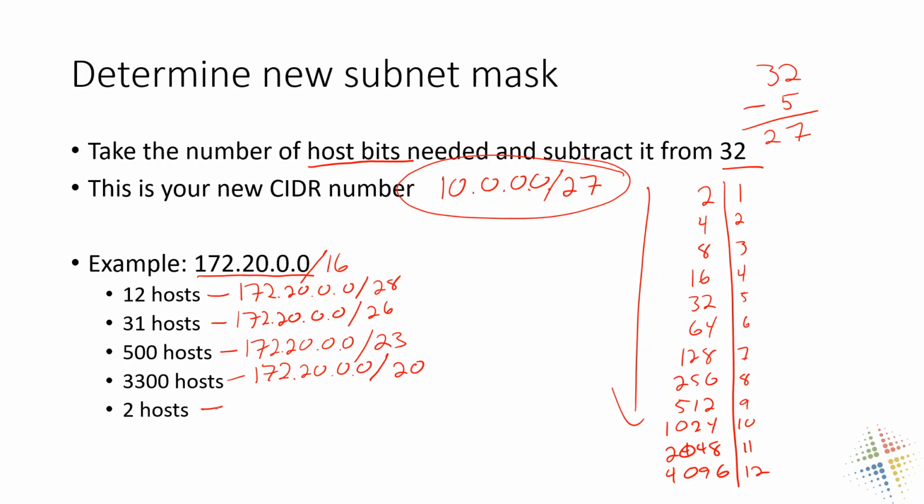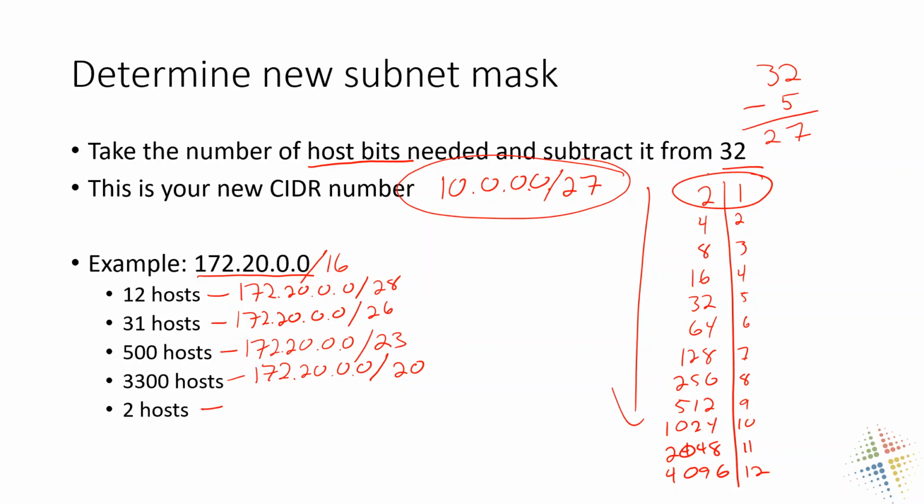And then lastly, 2 hosts. Look over here on my list, and if you followed right along with me, then you're like, oh, that's wrong. 2 hosts does not mean 2 addresses. 2 hosts means 2 usable, but I need 2 plus 2 for total.